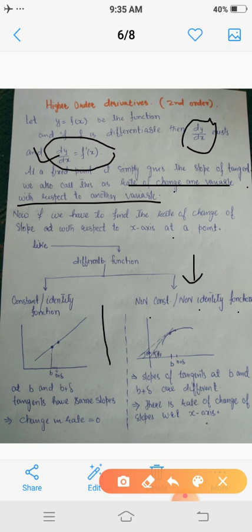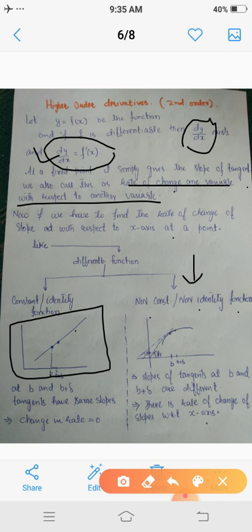Now this is the straight graph. Here if we consider point B on the domain, at point B we have a tangent which coincides with this straight line.